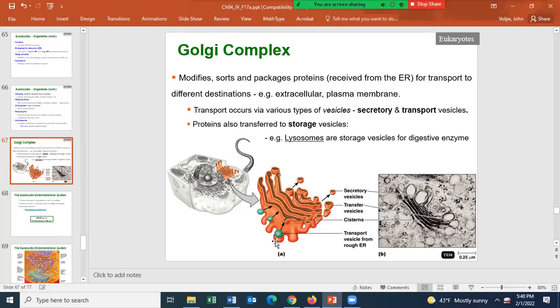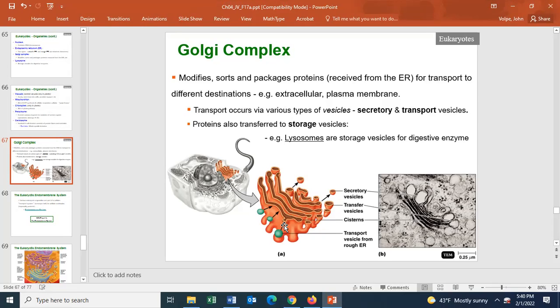The globs of butter will fuse on this end of the Golgi apparatus, bringing the proteins to the Golgi apparatus. The Golgi apparatus can then sort the proteins and modify them.